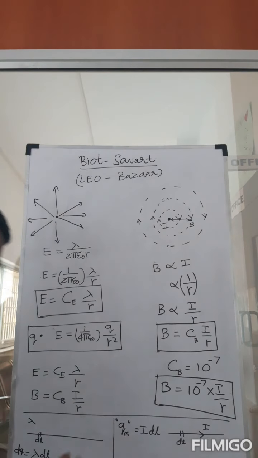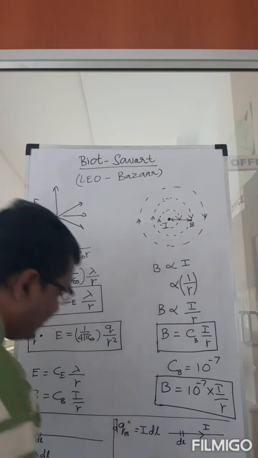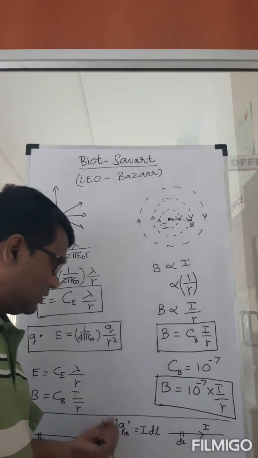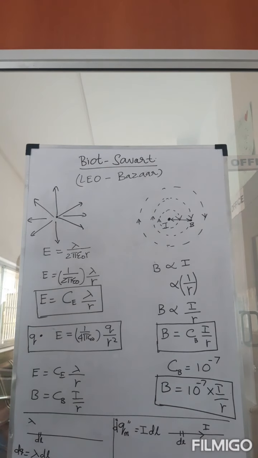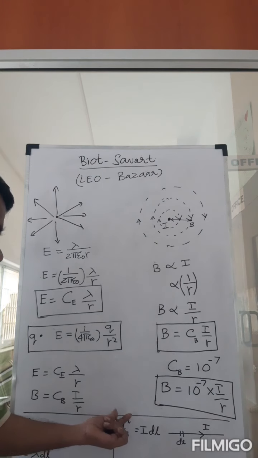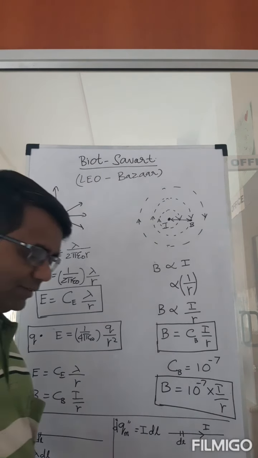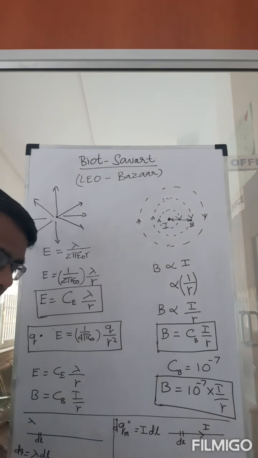This is electric charge, dq, clearly, a small charge. I'll call this electric charge and I'll call this magnetic charge. I put that in quotes.